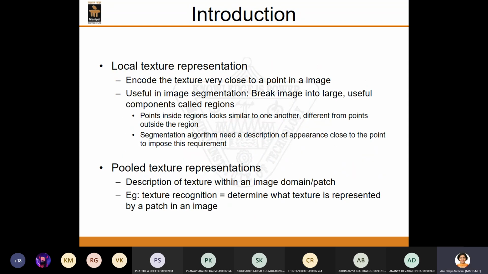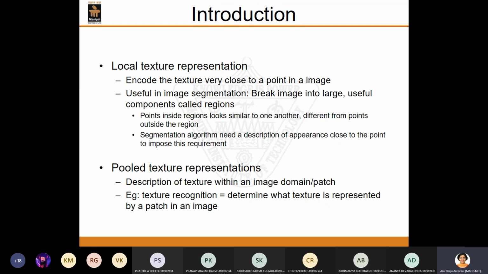Okay, so we were discussing different types of texture representation. We can represent the texture of an image if it's a texture image, or if you're looking at the texture of an object specifically, we can represent it in different ways. In local texture representation, you just look at the immediate neighborhoods in order to represent the texture.